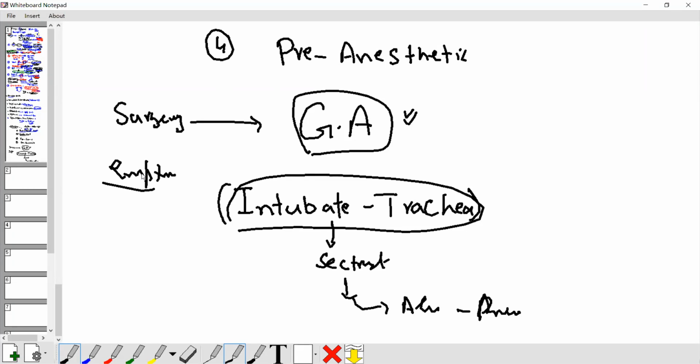Before giving anesthesia, give atropine. Atropine decreases saliva secretion, giving a dry mouth. This is effective because the patient is unconscious in surgery. If there is too much saliva and respiratory secretion, these secretions go deeper and deeper and can cause pneumonia after surgery. The big problem is lung infection.